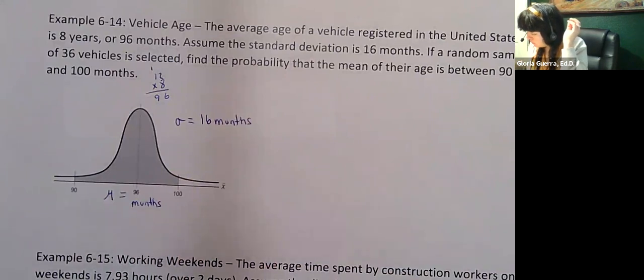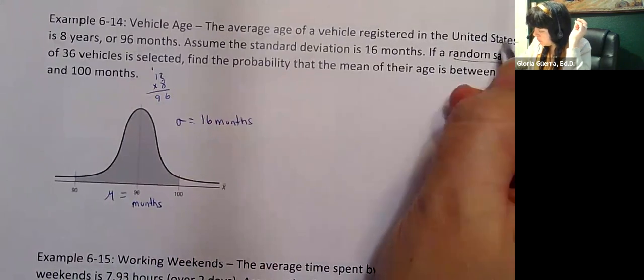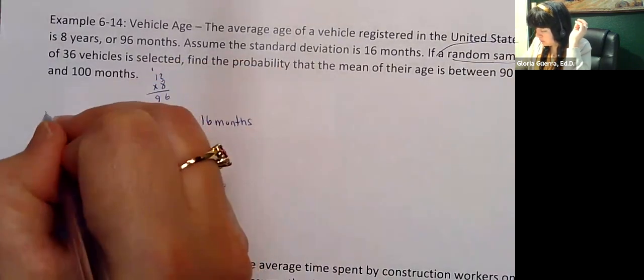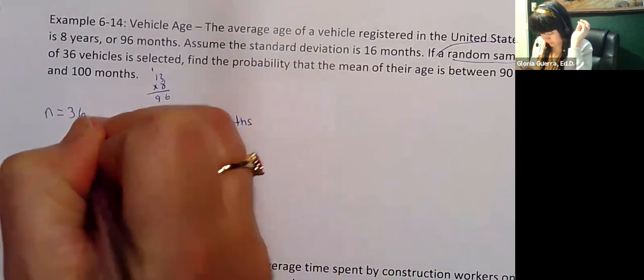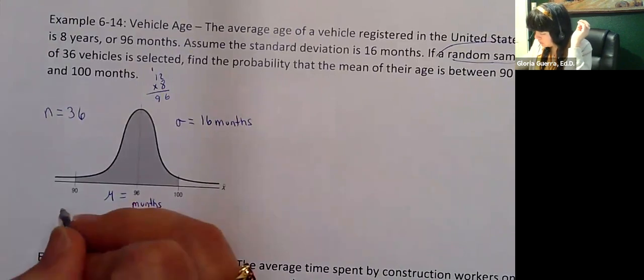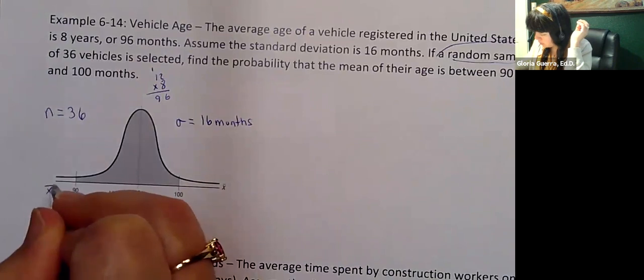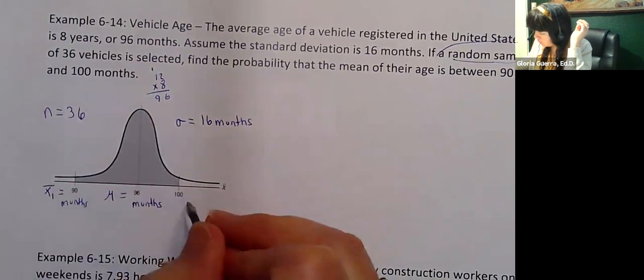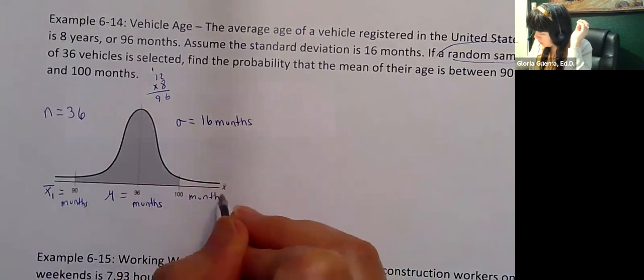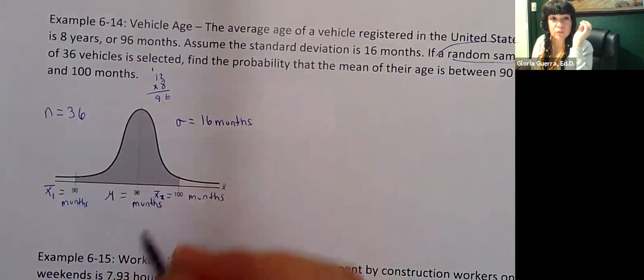And if a random sample, that's a keyword, random sample of 36, so n is equal to 36. Find the probability that the mean of their ages is between 90 and 100 months. So 90 months I'll call X bar 1, and 100 months I'll call X bar 2.